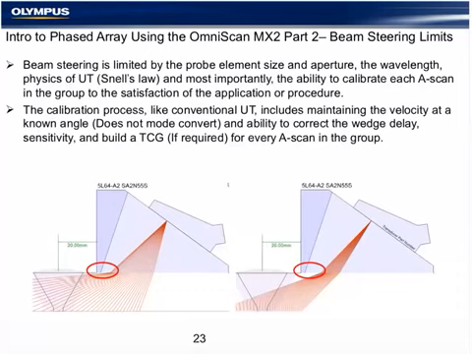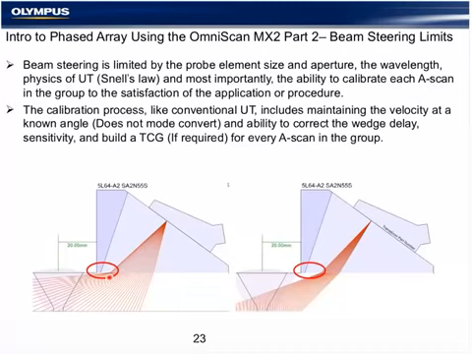When you attempt to program beams outside the normal range of, say, an 80 degree shear wave or a 20 degree shear wave, the software doesn't give you an error message. The A-scan will be of such poor quality, it cannot be calibrated. That ultimately is how we determine the limits of any probe and wedge.